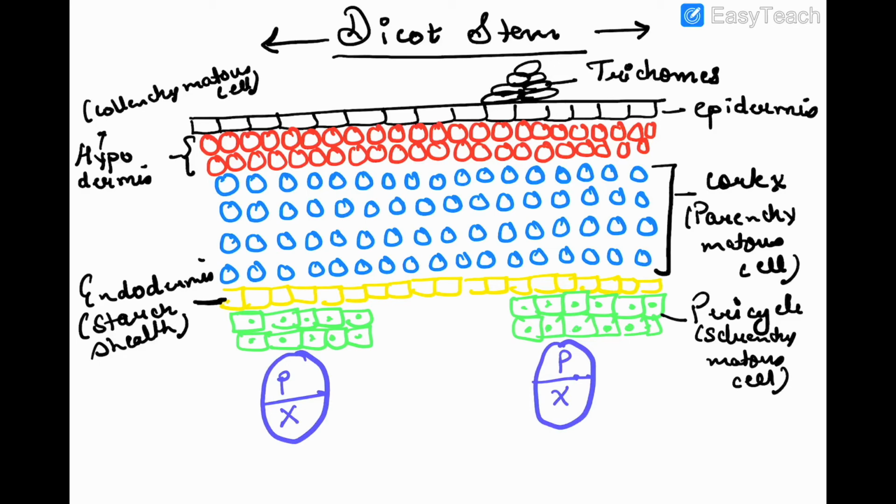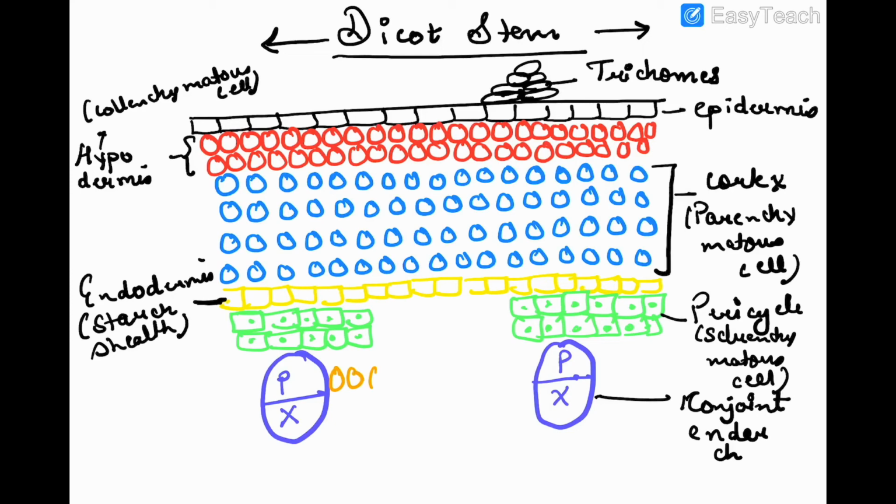The vascular bundles in dicot stem, again I am writing here for your convenience, they are conjoint, means xylem and phloem in one radii, and they are endarch, means protoxylem toward the center and metaxylem towards the periphery. Now in between the vascular bundles, there are some parenchymatous cells, which are known as medullary rays.